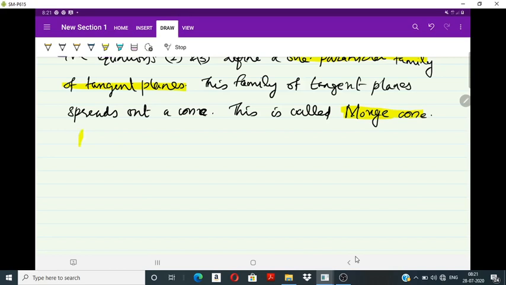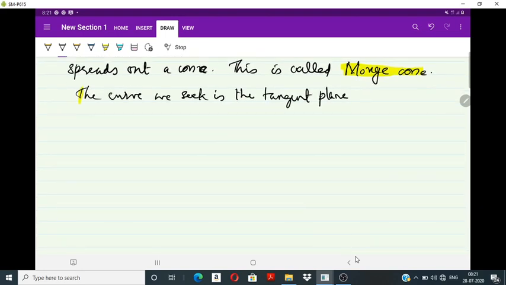So the natural candidate for the curve we seek in the tangent plane is the one defining the direction of the characteristic curves.